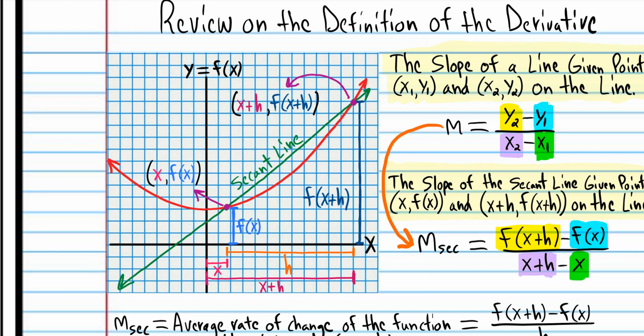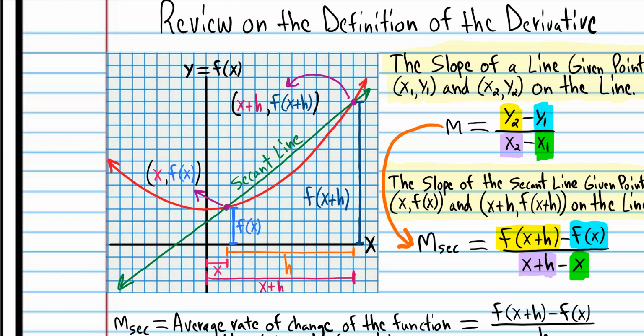But how do we find the slope? Well, what we do is we mark another point on the graph, and we find the average rate of change, which is the slope of the green secant line. So we figure out the slope of the green secant line, and then we bring this point closer and closer and closer, and we continue to calculate the slope of the green secant line.